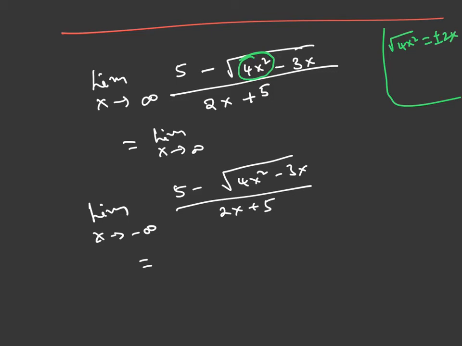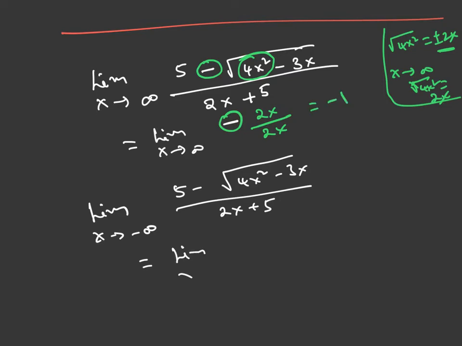So you say negative, and square root of 4x squared is plus or minus 2x, but x is approaching infinity, that's a positive quantity, so square root of 4x squared would be positive 2x. So positive 2x, but this negative is coming from here, divided by 2x, that would be negative 1.